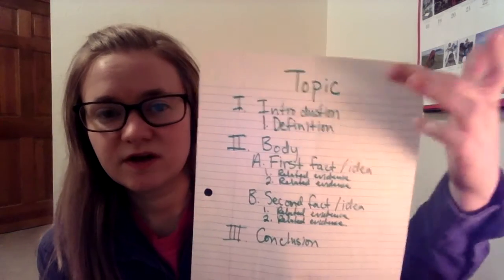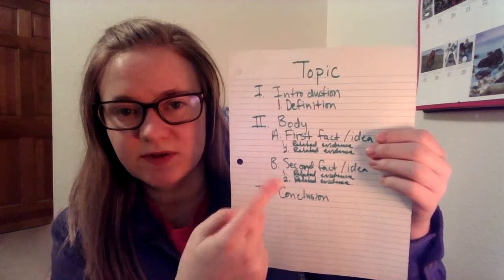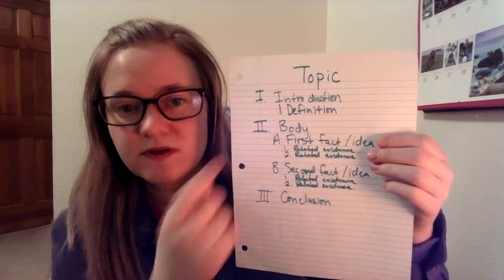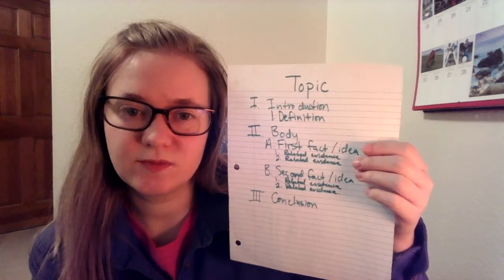And so this will be actually a different outline than one that you would write for an essay, because we're not doing an essay outline. I just want you to kind of formulate your notes so that when you write your 5-paragraph essay, it's easier. And so for this one, you want to have your topic, which let's just say we're writing about a utopia. So that would be your topic. So remember, for the first one, you want to write your introduction, and that would basically be, what is the definition of a utopia?